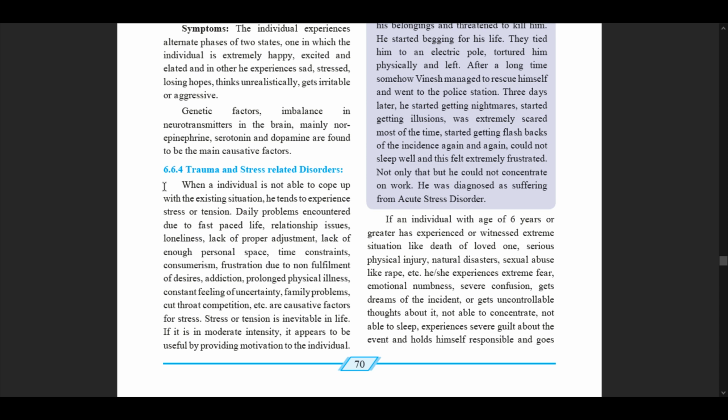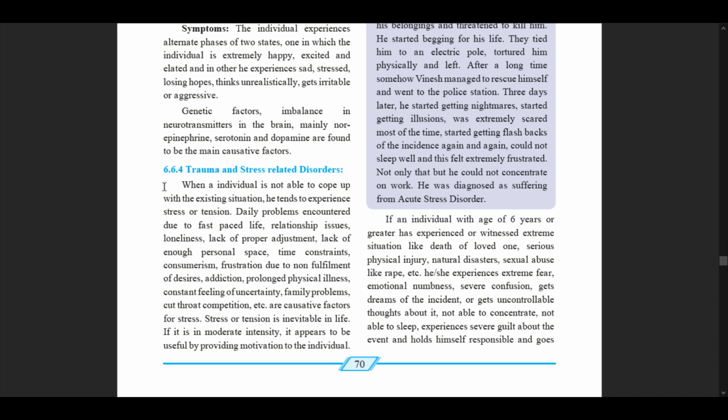Daily problems due to fast-paced life, relationship issues, loneliness, lack of proper adjustment, lack of enough personal space, time constraints, consumerism, frustration due to non-fulfillment of desires, addiction, prolonged physical illness, constant feeling of uncertainty, family problems, cutthroat competition, etc. are contributing factors for stress. So here we learned the main root causes of stress.